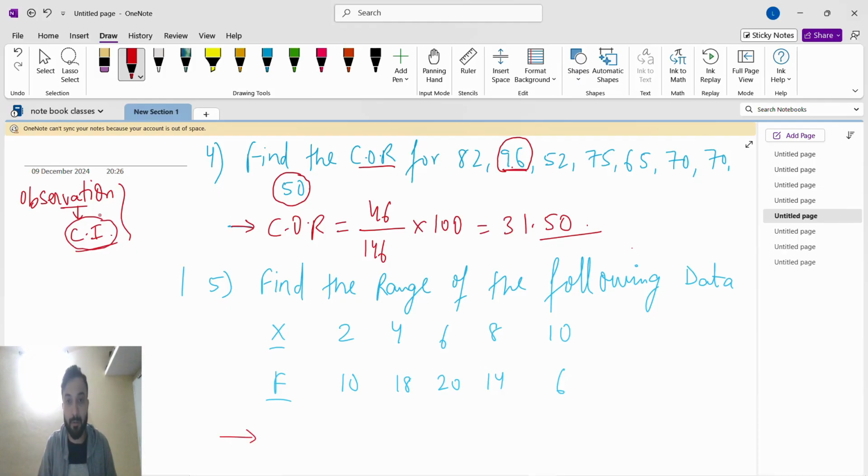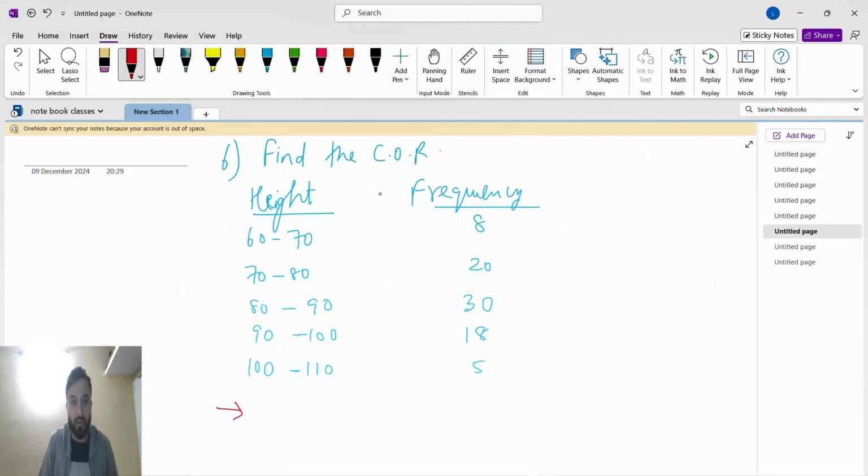Remember, this is a frequency distribution table. In a frequency distribution table, the first column is the class interval and the second column is the frequency. We observe the class interval, and based upon the class interval we write its frequency.